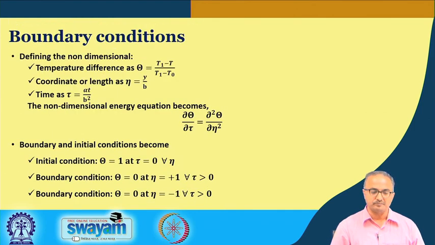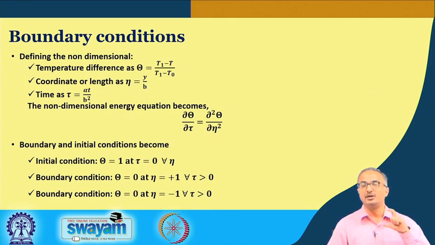Now comes the part where we start non-dimensionalizing. In the non-dimensionalization we go with theta first. Theta is taken to be T1 minus T by T1 minus T naught, and the coordinate is taken to be eta equal to y by b. Here we are not writing the model equation for the entire domain 2b.